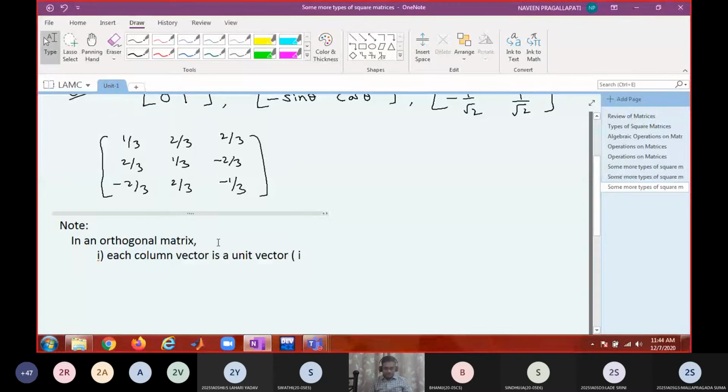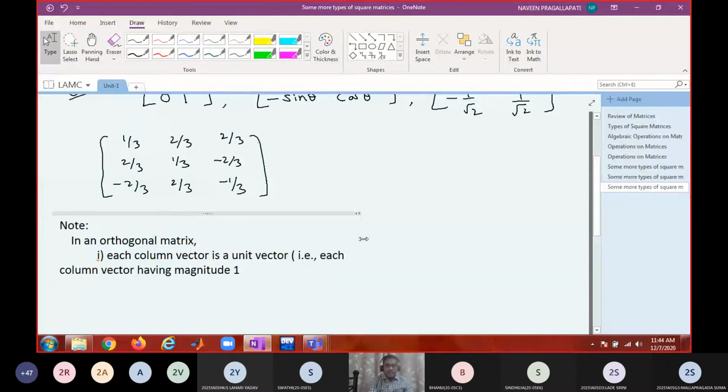That is, each column vector has magnitude 1, right?